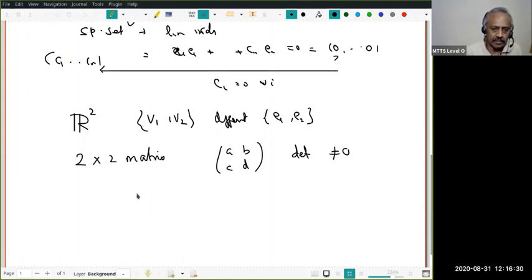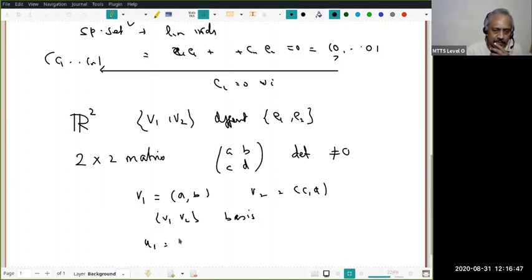So if I take v1 to be the first row, a b, and v2 to be the second row, c d, then v1, v2 is a basis. And similarly, look at u1 equal to the first column, a c, and u2 equal to the second column, b d.